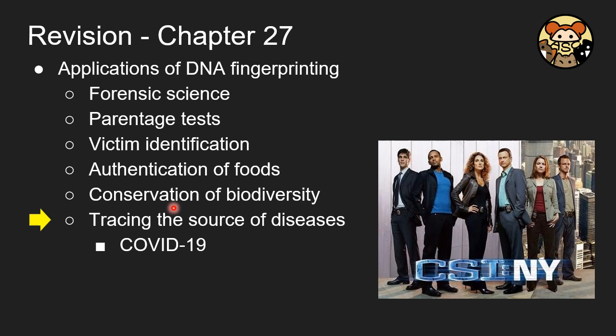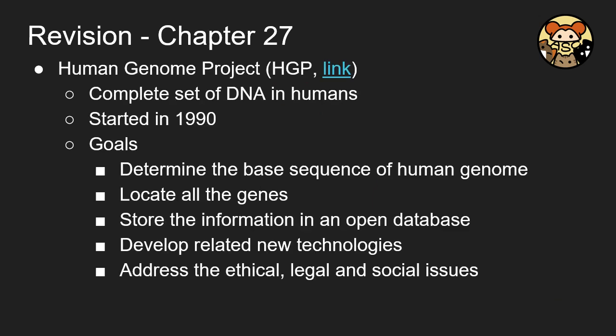It can also be used in the conservation of biodiversity. And most importantly, DNA fingerprinting can be used to trace the source of disease. In our most recent case, COVID-19, the differences between the alpha, beta, delta, and Omicron strains were all determined using DNA fingerprinting technology.